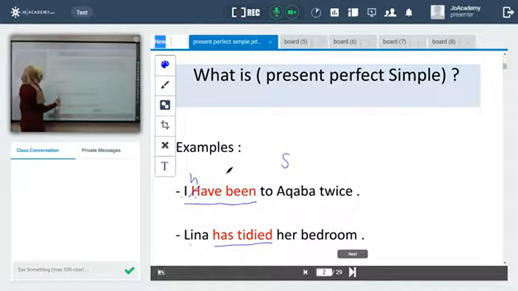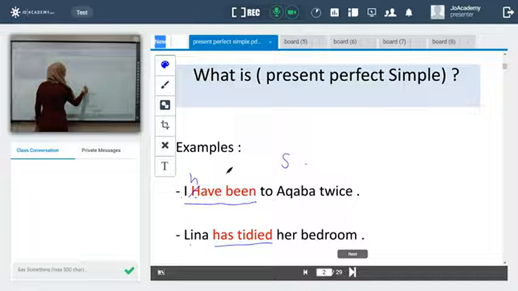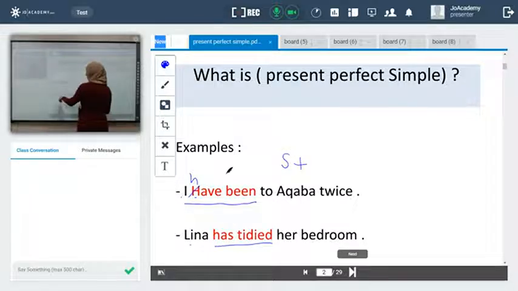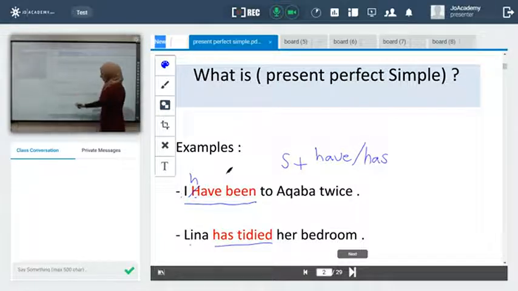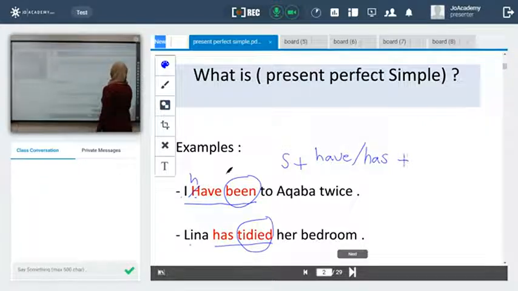Then we have a verb. That verb is an auxiliary verb. It could be have or it could be has. Then we have a main verb, but our main verb here is in the past participle form, or some people call it verb 3.